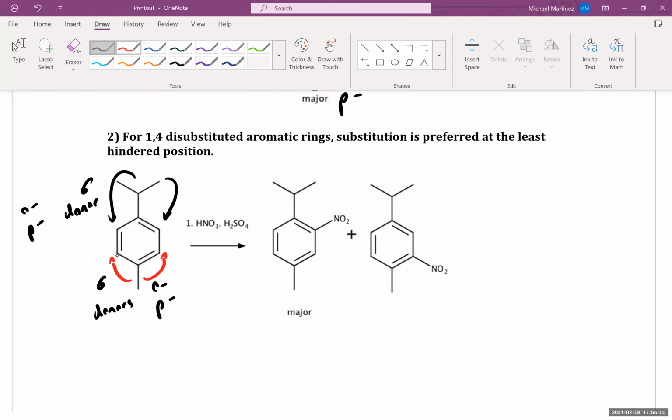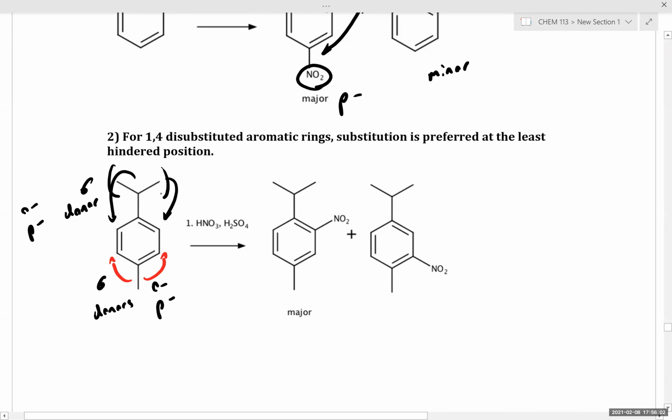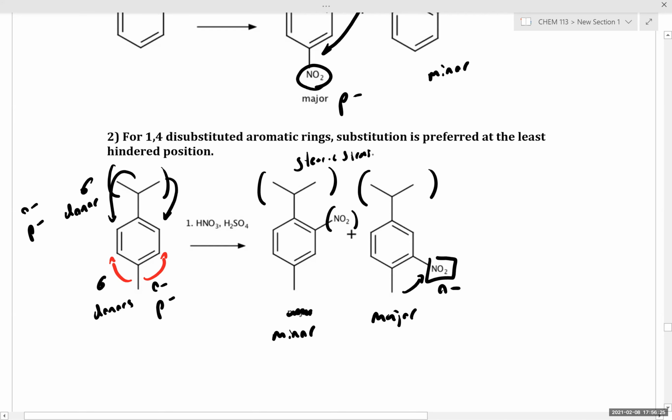However, isopropyl is very hindered. And as a result, if we have a choice, we want to place the nitro group as far away from this hindered group. That's why the ortho product relative to the methyl is major, while the ortho product relative to the isopropyl group is minor. And that's simply due to steric strain. So does everyone get how sterics can impact regioselectivity?